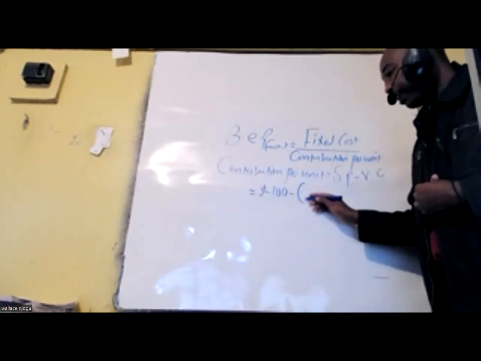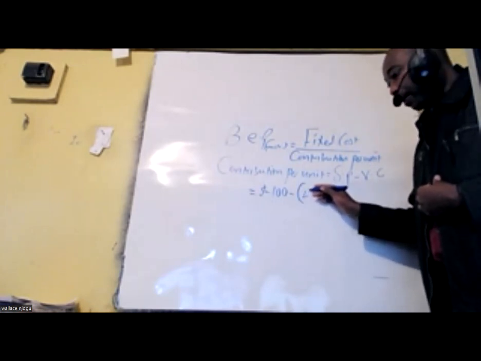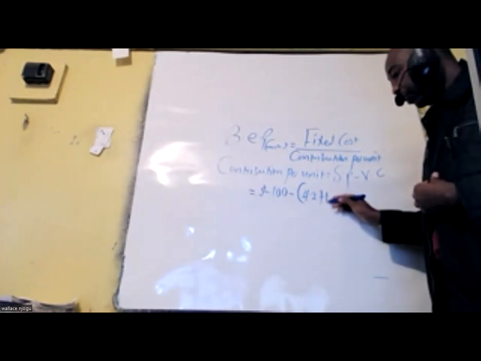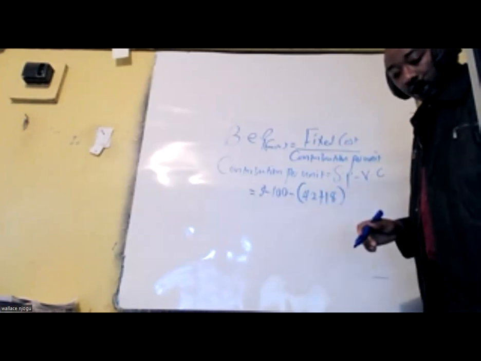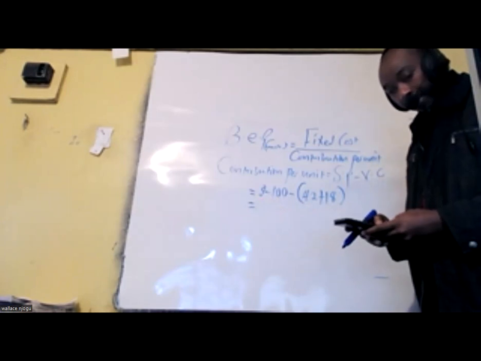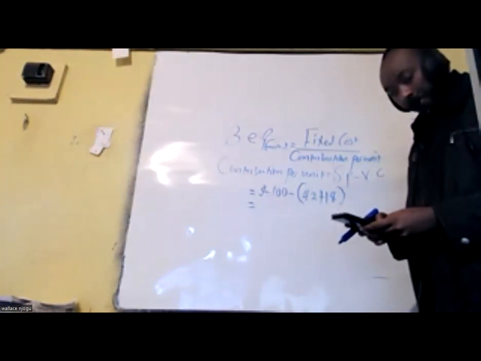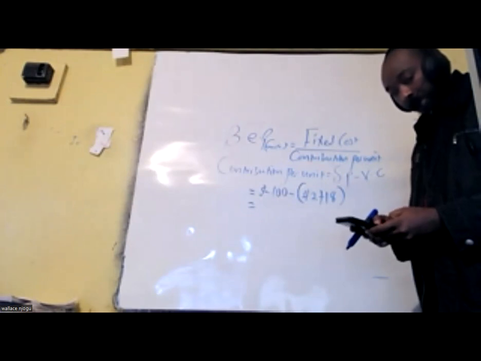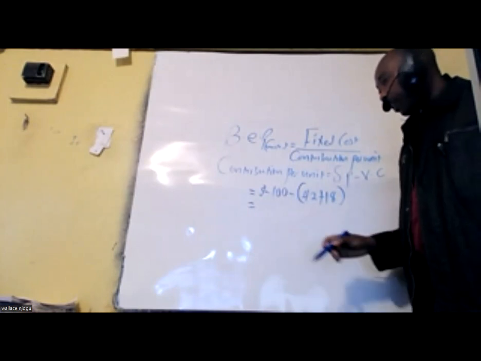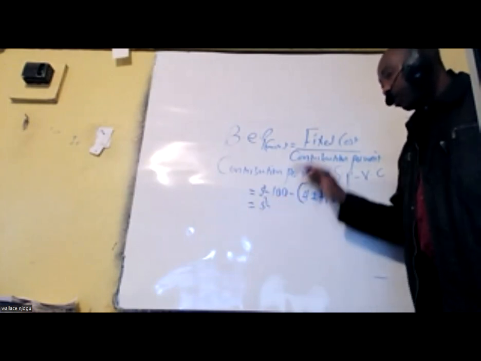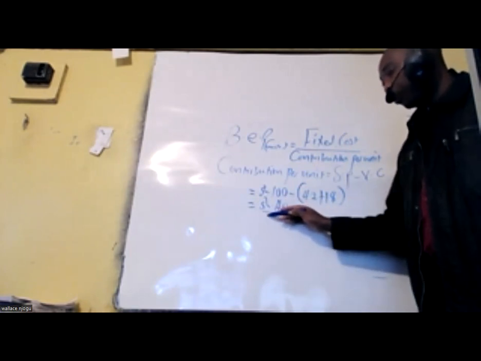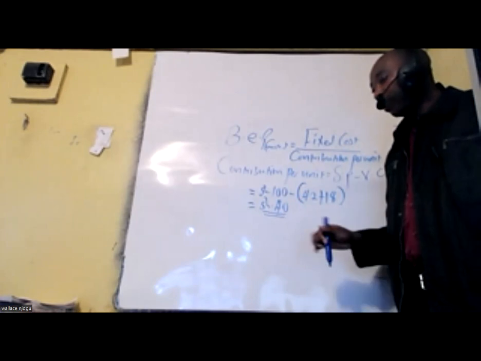So our variable cost, material is 42 and labor is 18. So what is the contribution per unit? Take 100, you less 42, then 18. This is shillings 40. The contribution per unit is 40.